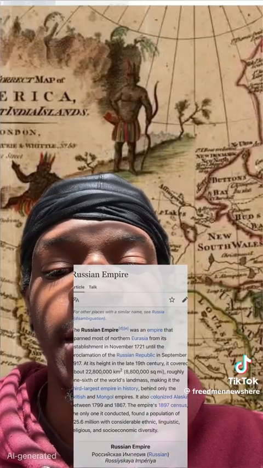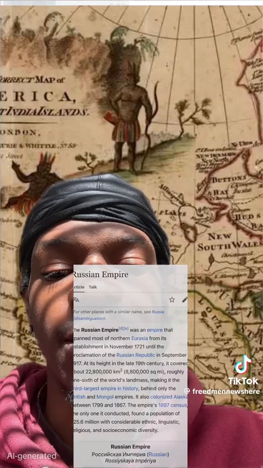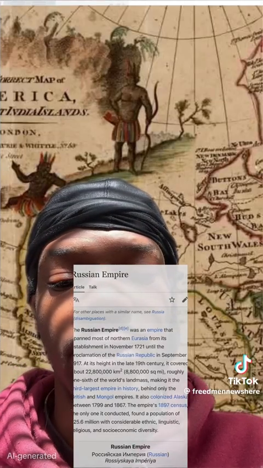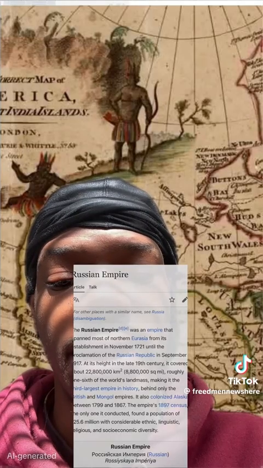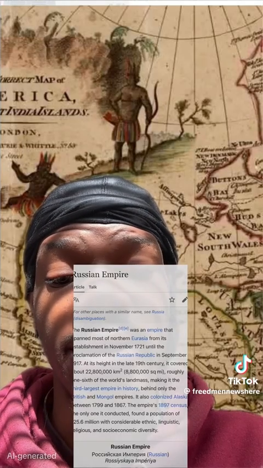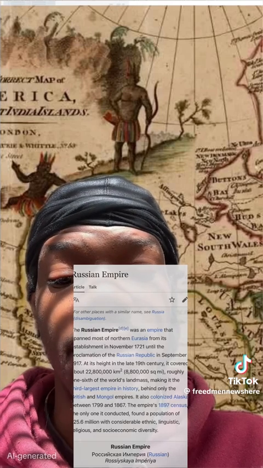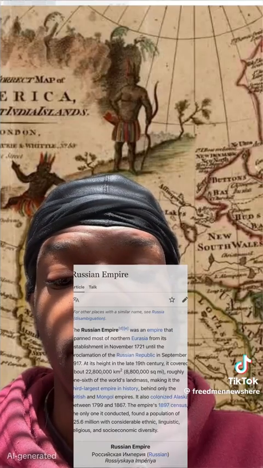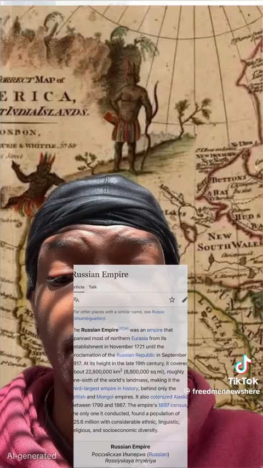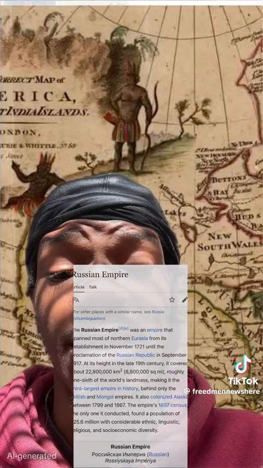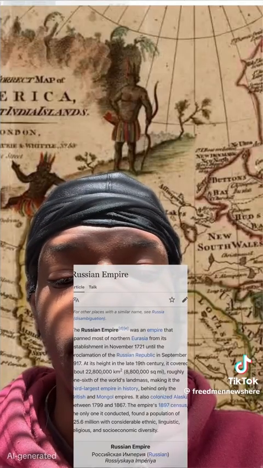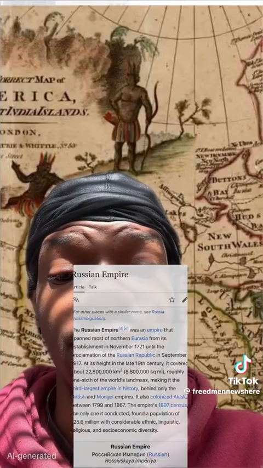At its height in the late 19th century, it covered about 22 million square miles, roughly one-sixth of the world's landmass, making it the largest empire in history, behind only the British and Mongol empires. It also colonized Alaska between 1799 and 1867. The colonization is the creation of Alaska. The empire's 1897 census is the only thing left to show of it.